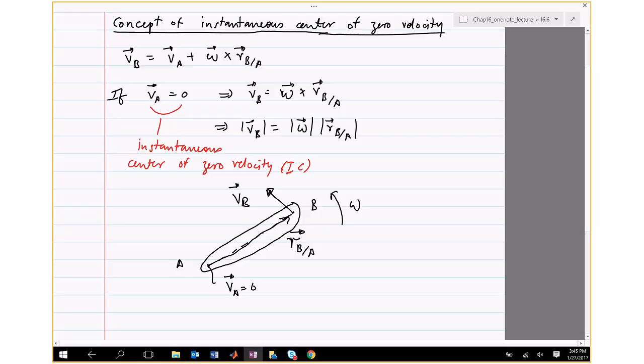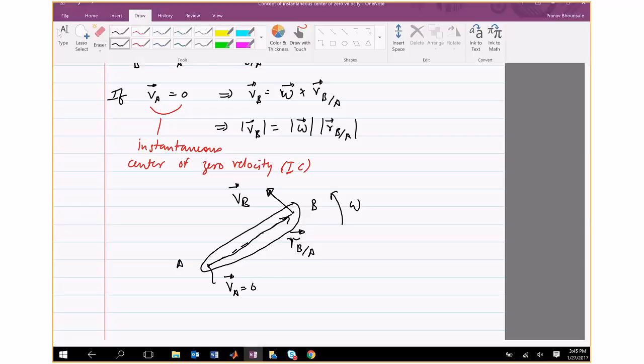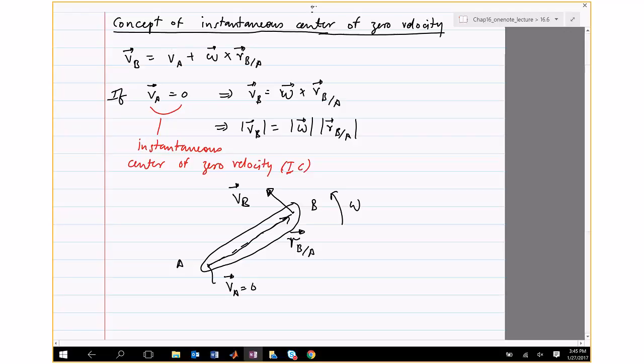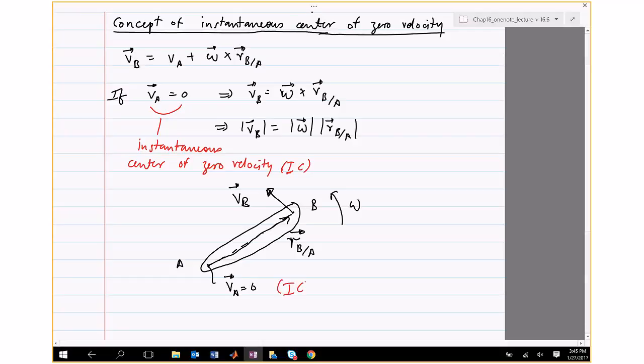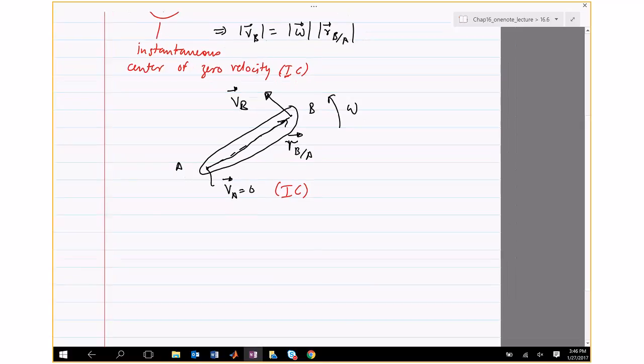Okay, so this point here, A, is called instantaneous center, IC, of zero velocity.